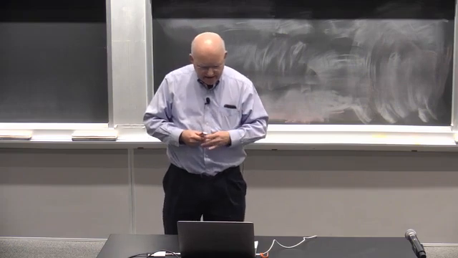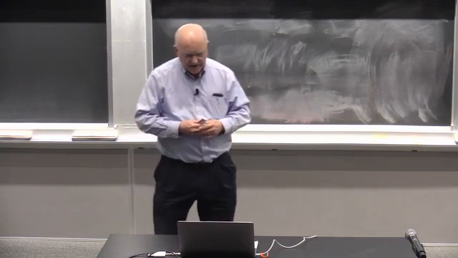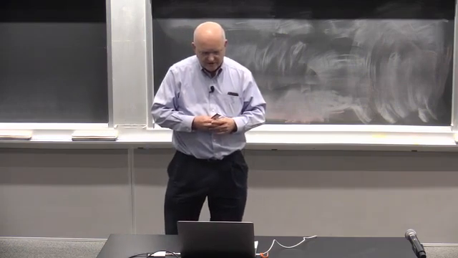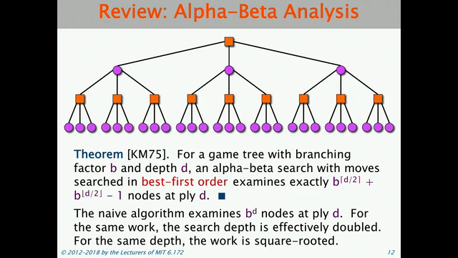If you remember the analysis done by Knuth and Morris, they basically showed that for a game tree with branching factor B and depth D, an alpha beta search with moves searched in best first order examines exactly B to the ceiling of D over 2 plus B to the floor of D over 2 minus 1 nodes at ply D. So that's basically square rooting the amount of work that you would need if you did a full depth ply. That's with alpha beta.